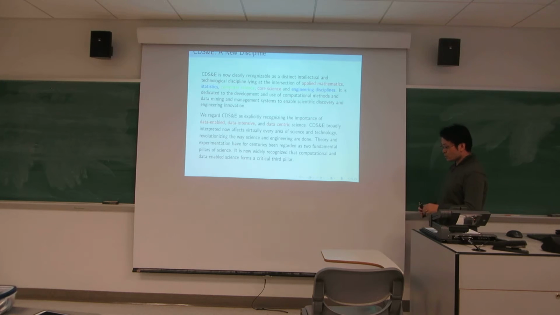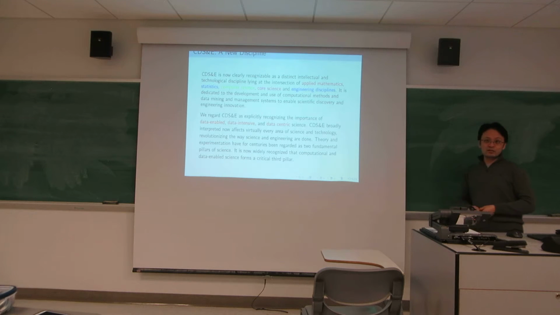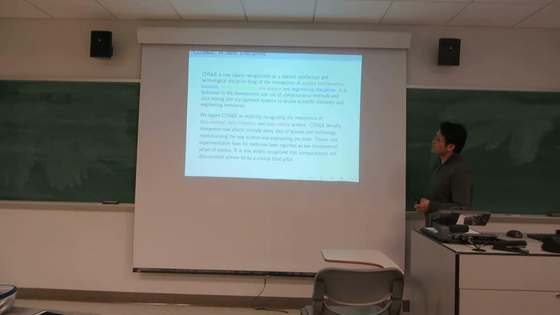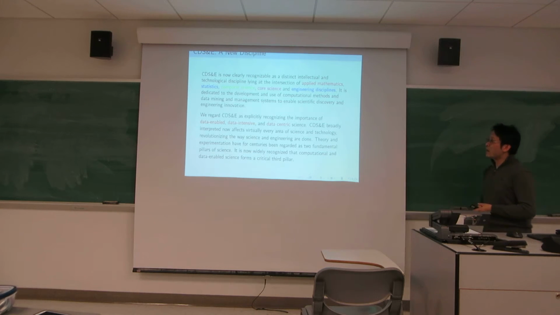First of all, the central part is probably math, applied math, along with statistics and computer science. Core science, I think, refers to things like biology, physics, and chemistry, and then the engineering disciplines.